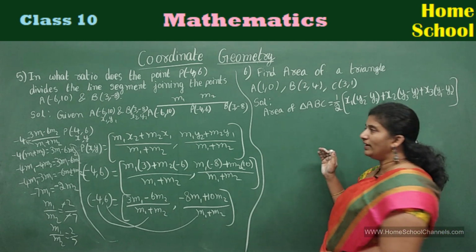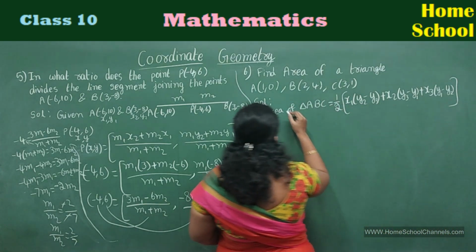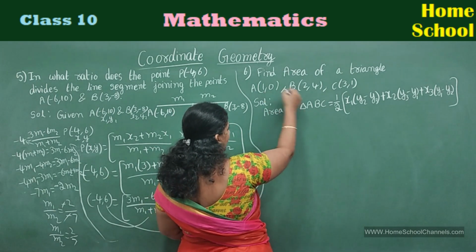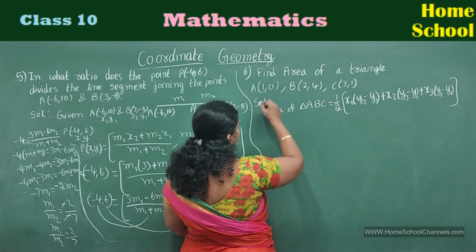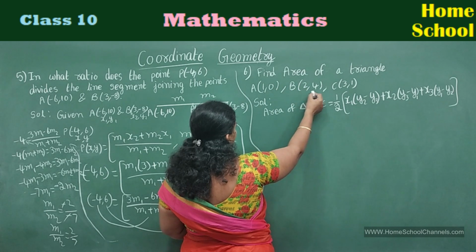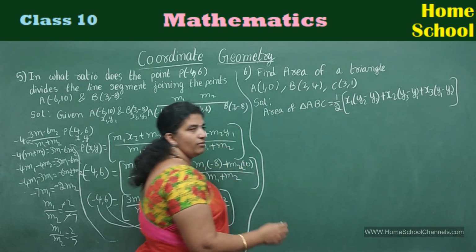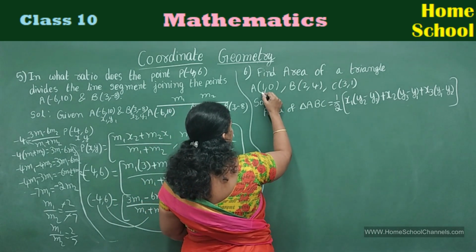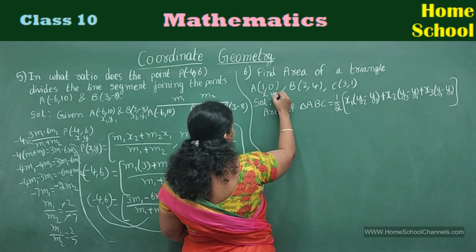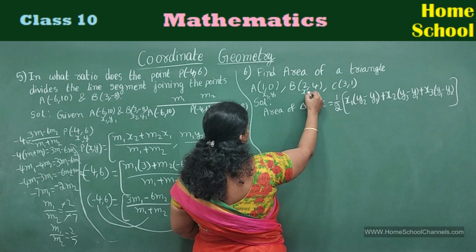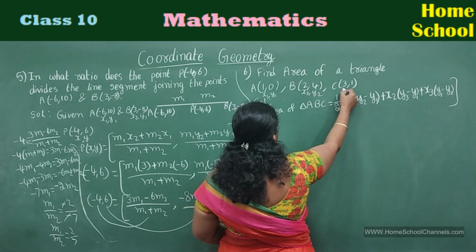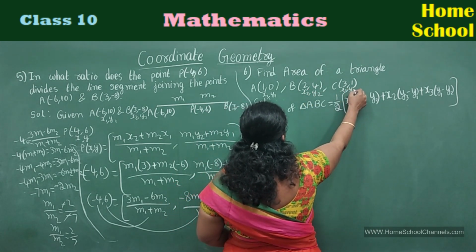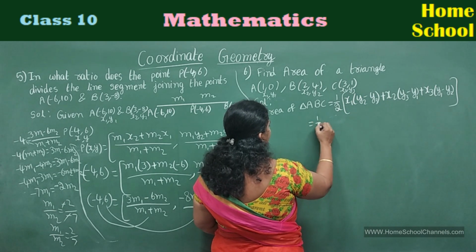Now, given 3 coordinates, rewrite in a given data. Again, you rewrite in a solution. That is A(1, 0), B(2, 4), C(3, 1) are the 3 coordinates. And afterwards, mark it x1, y1, x2, y2, x3, y3. Now substitute all this.